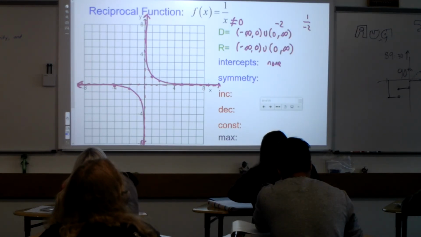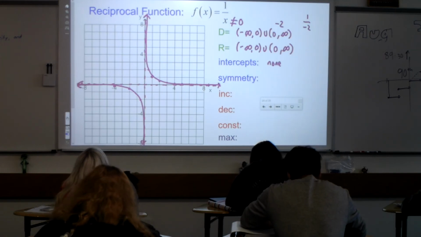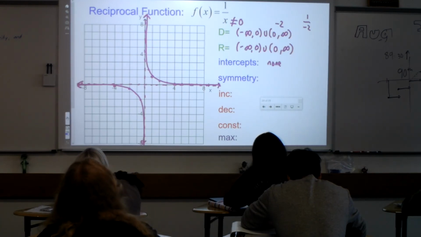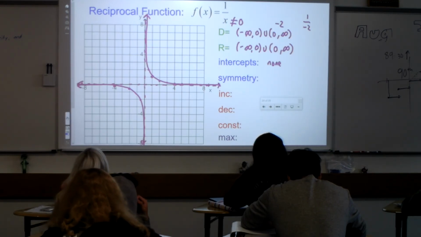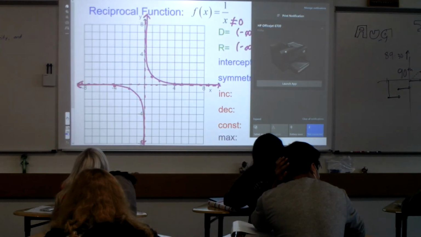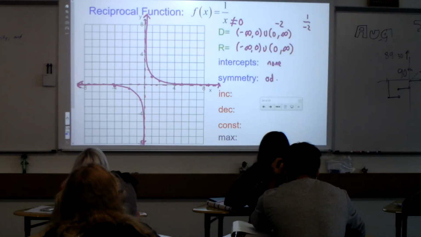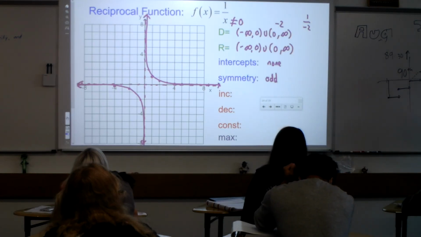Is that odd, even, or neither? It is odd. If I rotate that 180, it lands on itself. This is odd. And we could also check it by plugging in a negative x, and it's the same as timesing by a negative, so we're good.